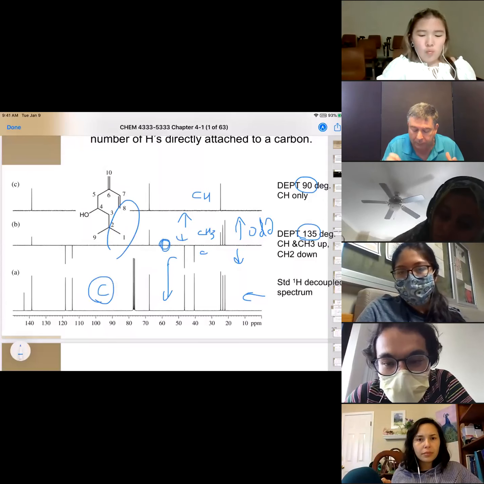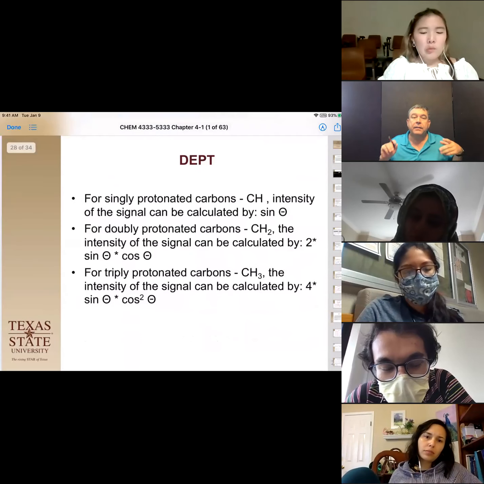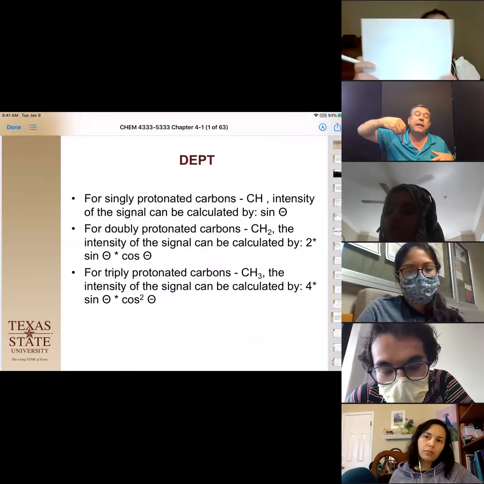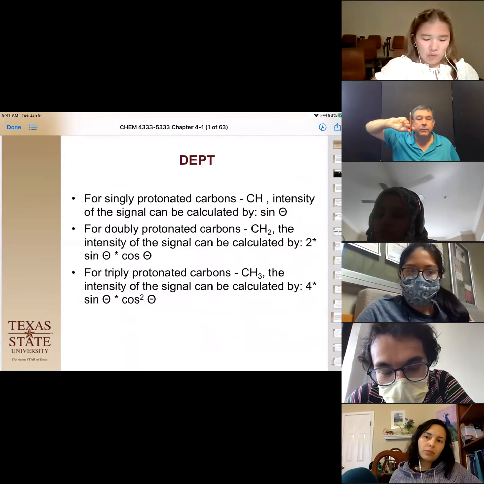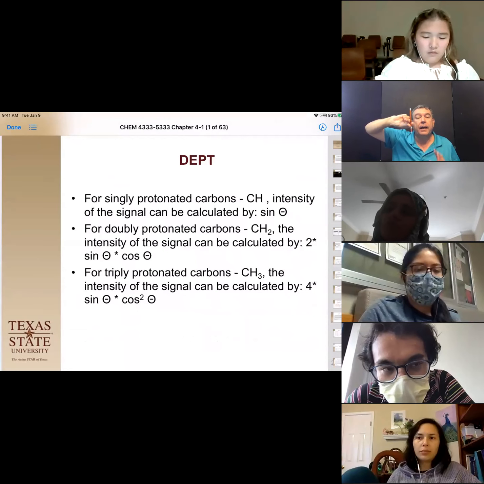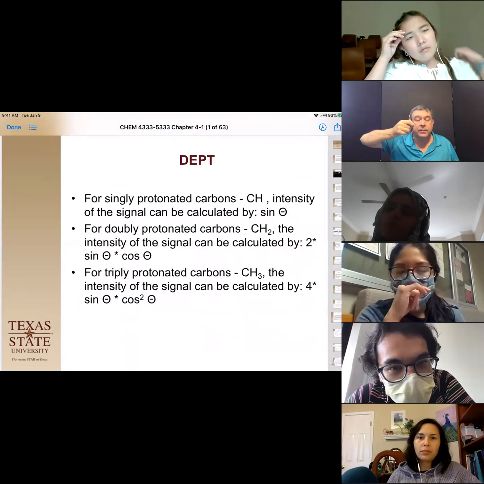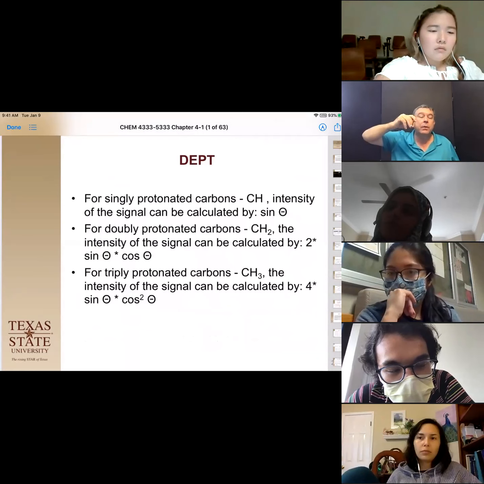So why does it work? Well, it works because the different angles are associated with what the angle is when it relaxes. So you have all of your nuclei aligned in the magnetic field when you start in its relaxation period. When you pulse it, it goes 100% the other direction here, and then it slowly rotates back.